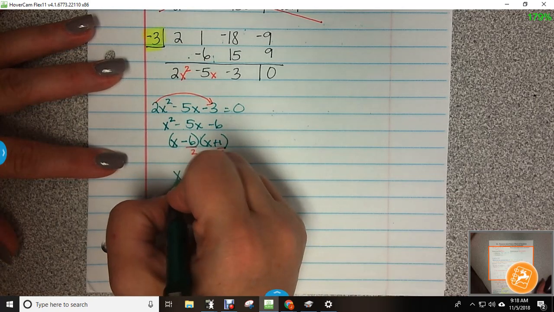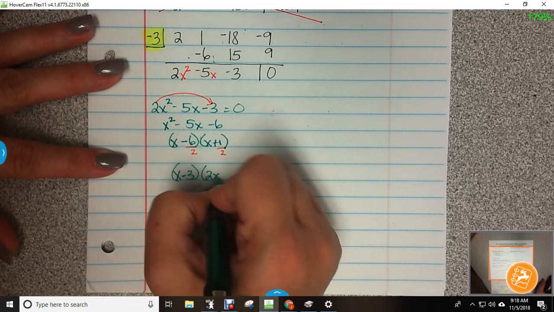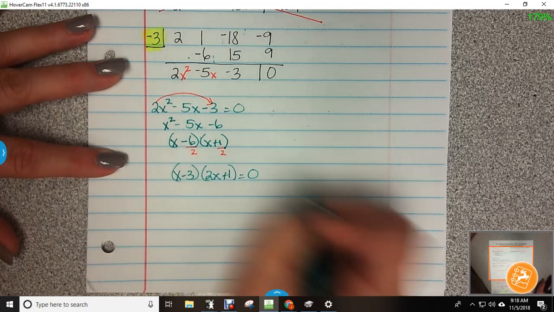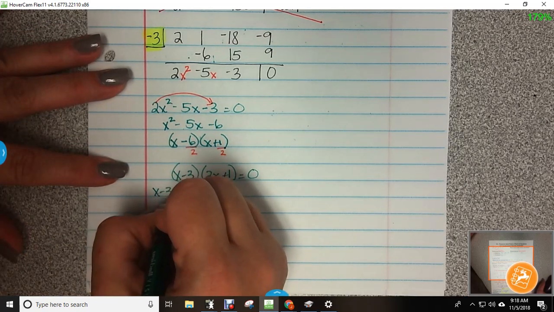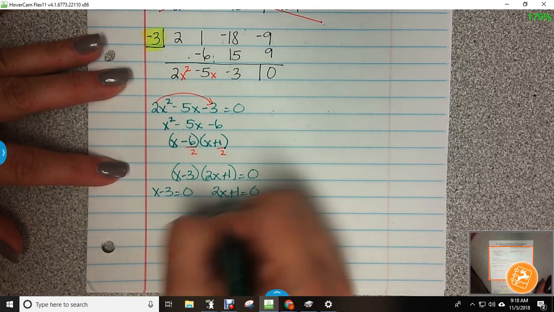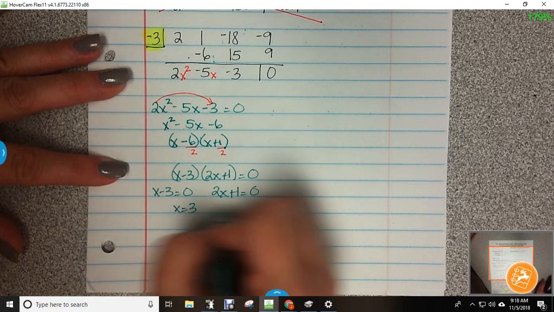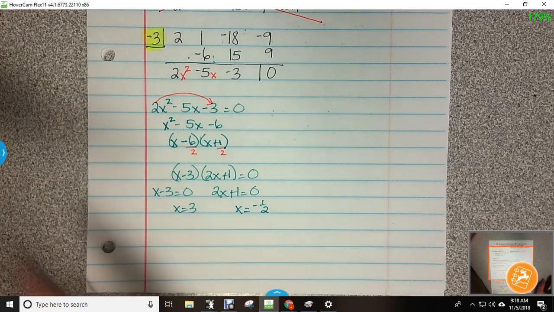So I get x minus 3 and 2x plus 1 equals 0. Now set those factors equal to 0 and solve. So x equals 3 and x is going to equal negative 1/2.